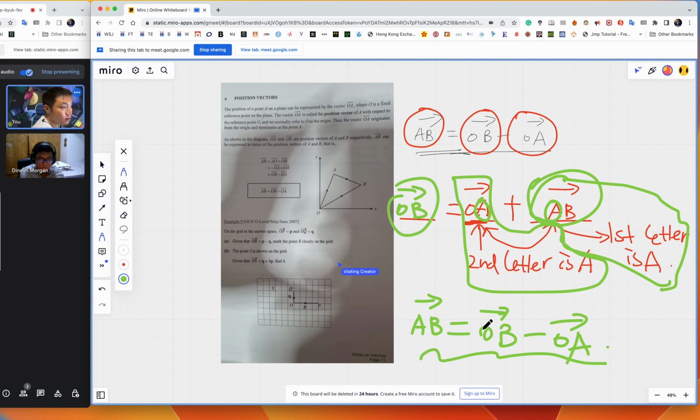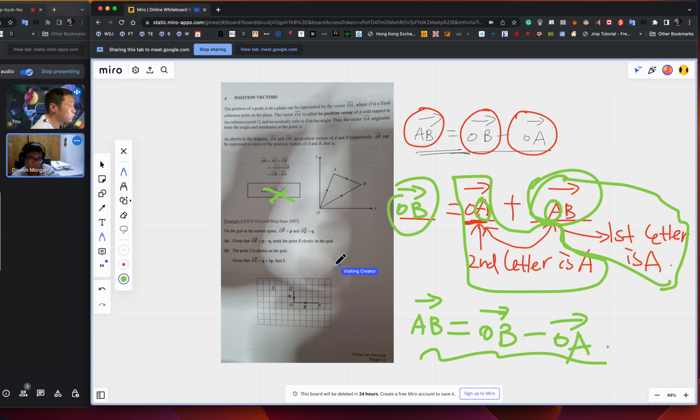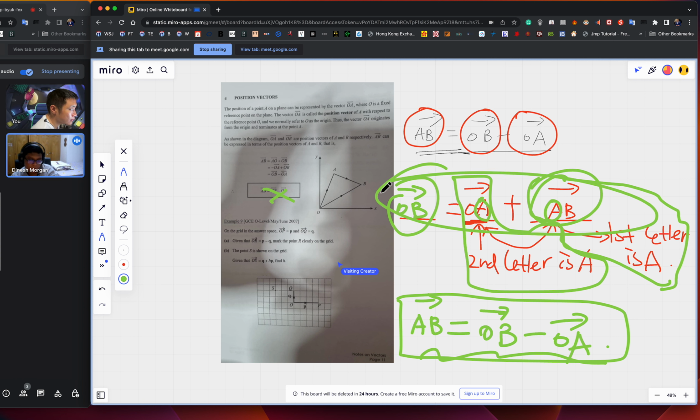You don't want to accumulate so much in your brain; leave some space for other, more important stuff. So don't try to memorize this. Try to derive it on the spot from this.